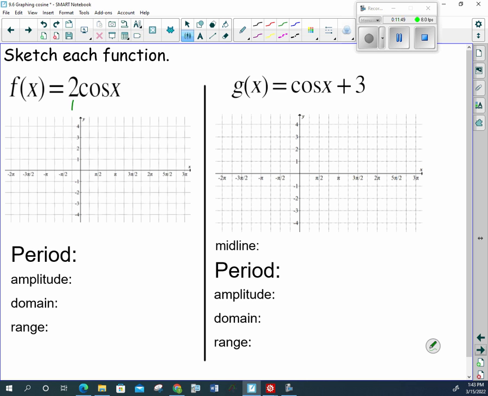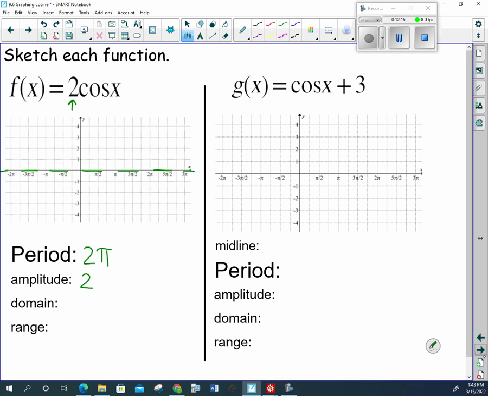Right here I see I have an amplitude of 2. We're not doing any period changes today, so that just means it's going to be 2 pi, one time around the unit circle. I'll figure out what the domain is in a minute. For plus k, there's nothing added here, so that means my midline is right here at 0.